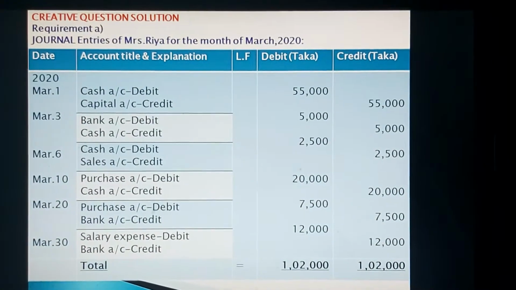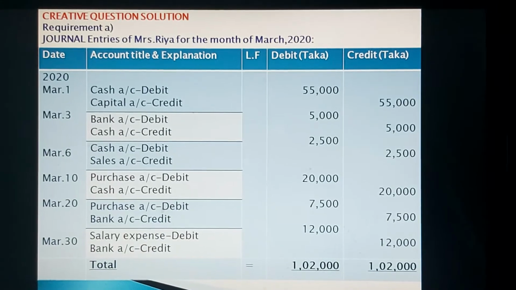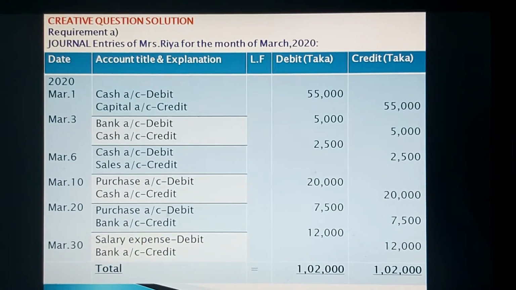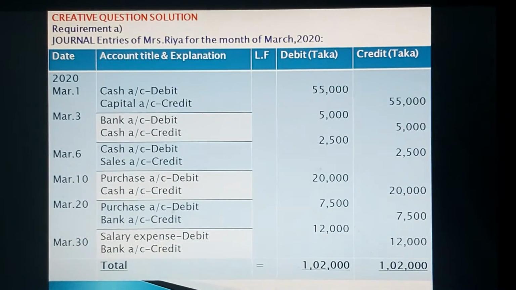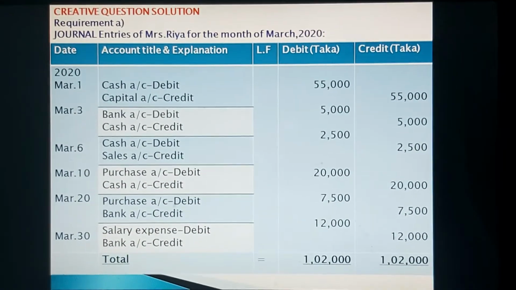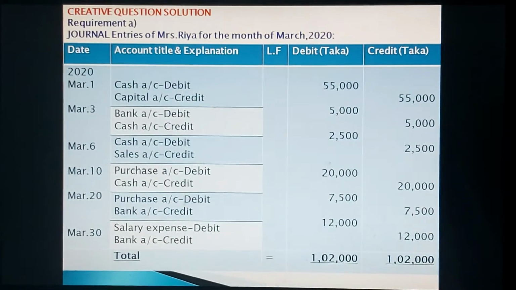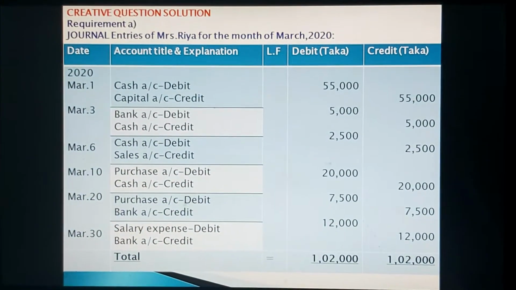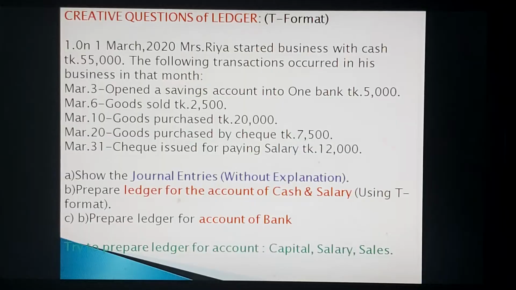March 20 purchase account debit, bank account credit 7,500. March 30 salary expense debit, bank account credit 12,000. In journal, total amount has to be equalized. So total amount in debit 1,02,000 and total amount of credit 1,02,000.